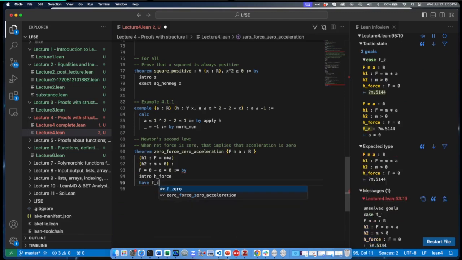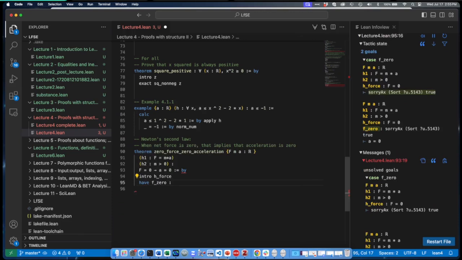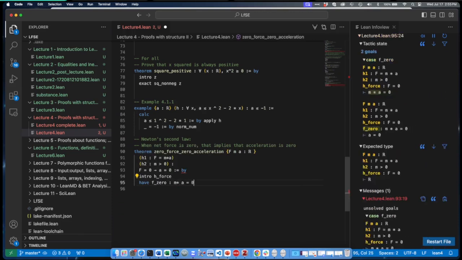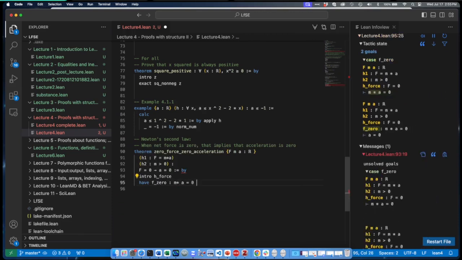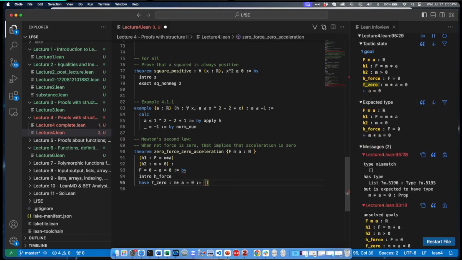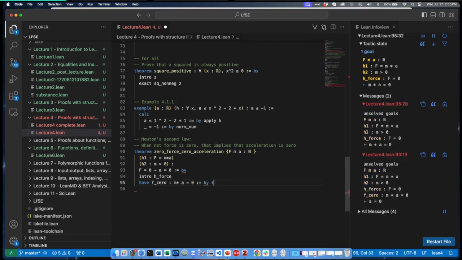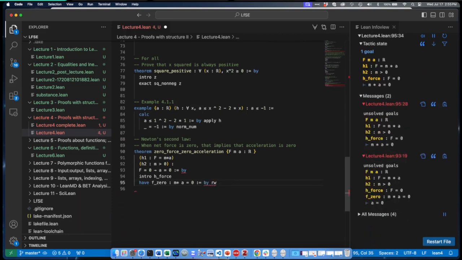Let's call this force 0. I could say m times a is equal to 0. I just believe this to be true, but now I need to have evidence for this. I will go and get H force and H1, and I'm going to rewrite that, doing a substitution.